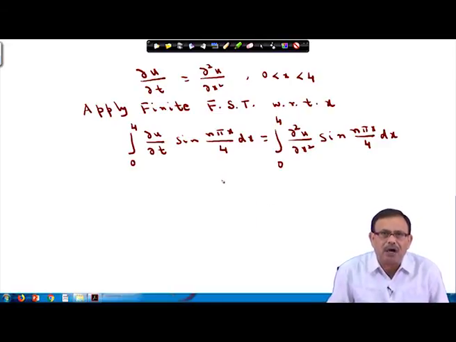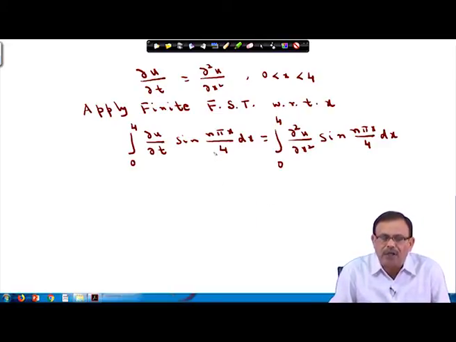Now, you see the integral on the left hand side. After taking the finite Fourier sine transform with respect to x on both sides, from the definition I can write the integral from 0 to 4 of del u del t sin(n pi x by 4) dx equals the integral from 0 to 4 of del 2 u del x square sin(n pi x by 4) dx, where L is 4.